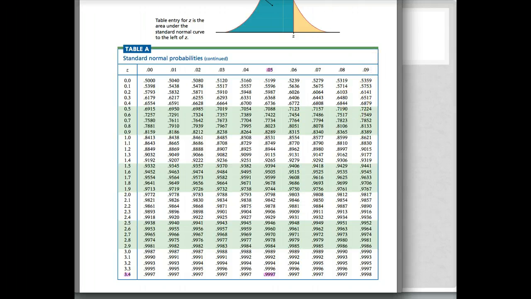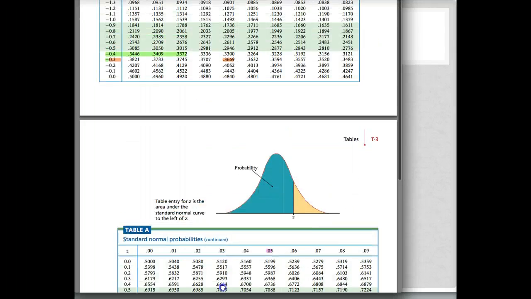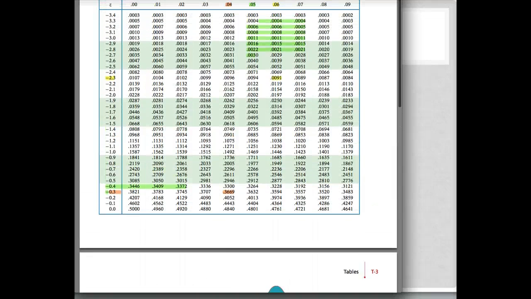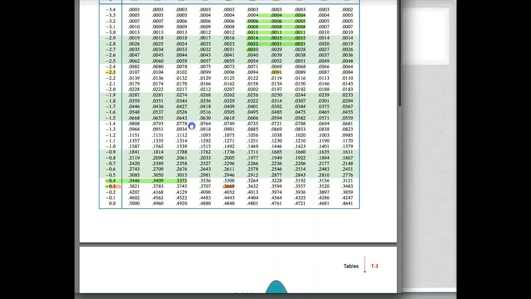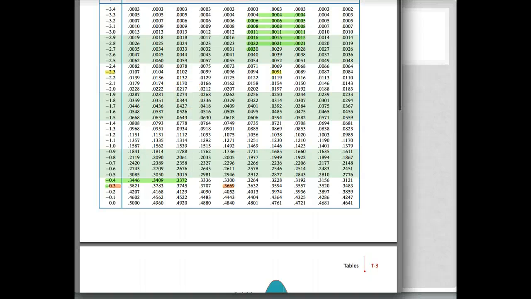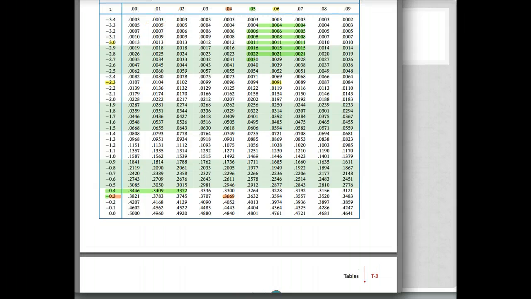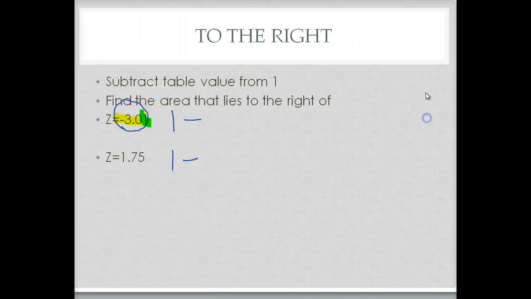We'll find negative 3.0, match that up with the 1 and see where they intersect. 0.0013.